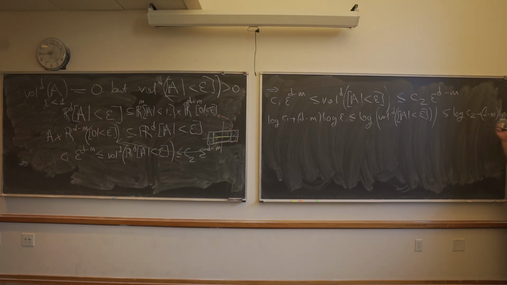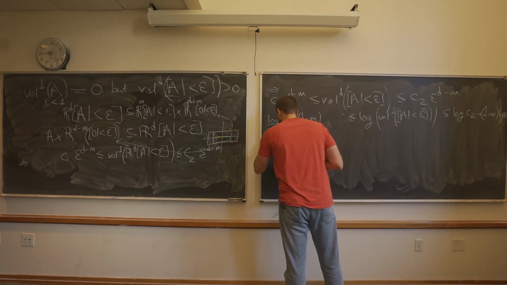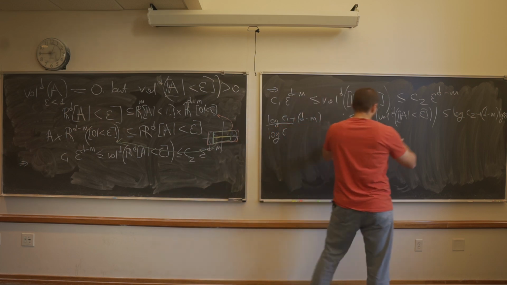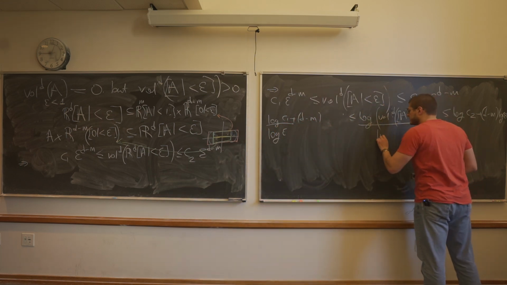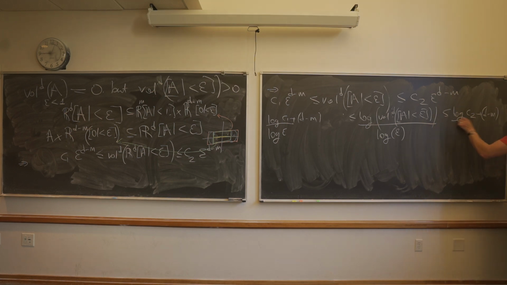Okay, divide everything by log epsilon. Let me not keep writing this. So now I have log epsilon here, log epsilon here, and then this goes away, and then a log epsilon here.